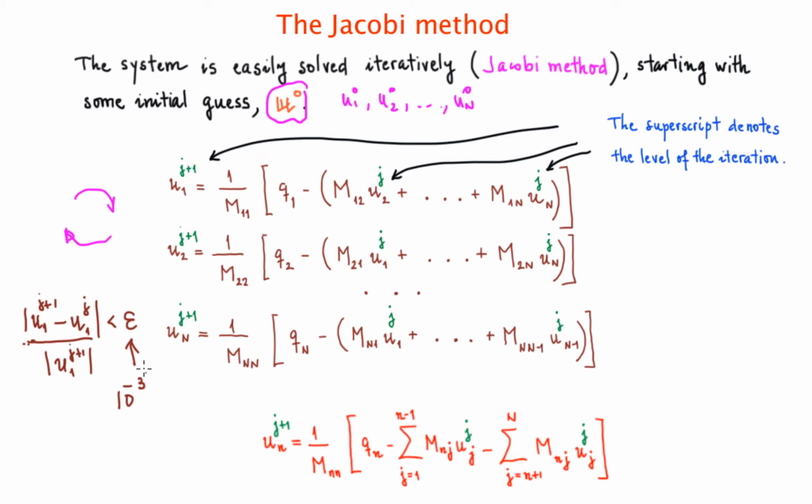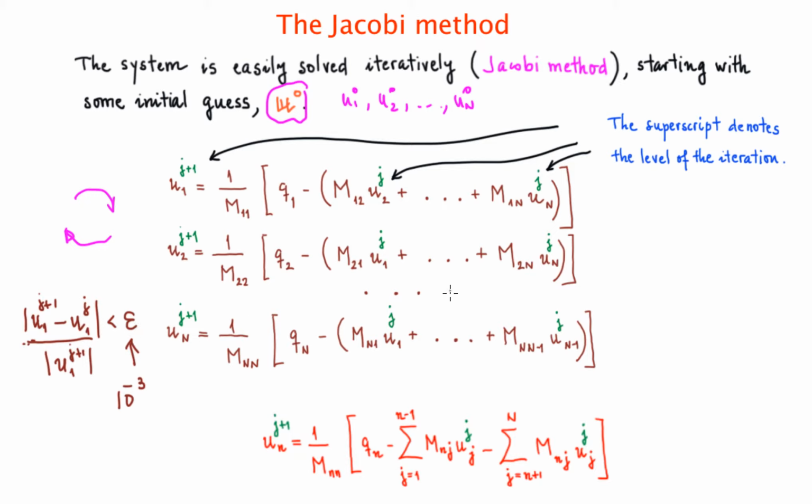For example, if I consider it accurate enough whenever the absolute relative difference is lower than this one, so whenever it happens for all the different components of the u vector, then I can stop the iterative procedure and consider that I have already reached the exact values, with the accuracy that I have considered to be enough.